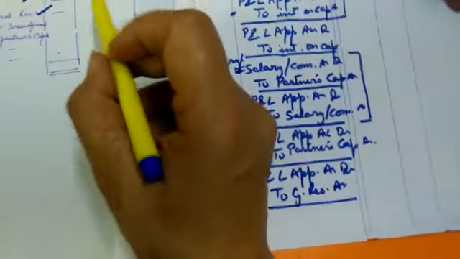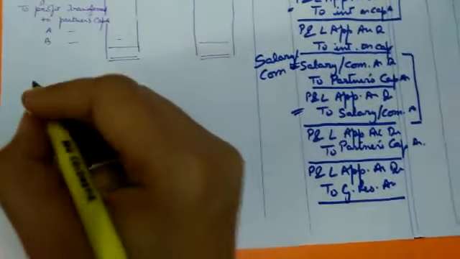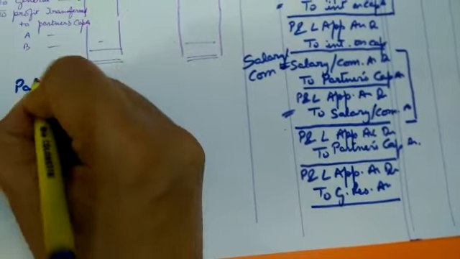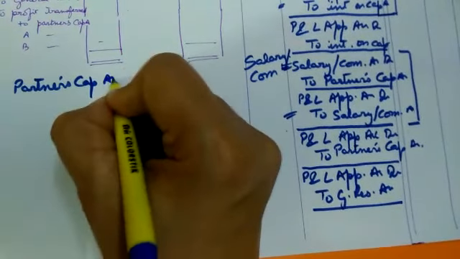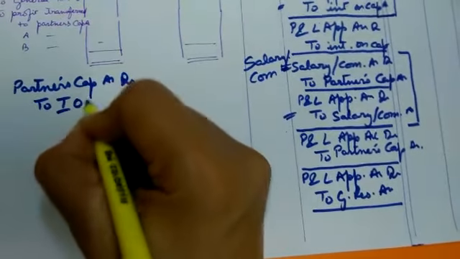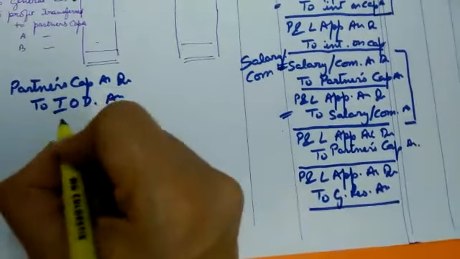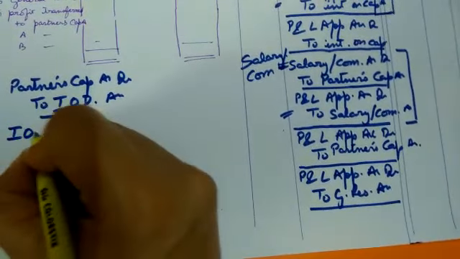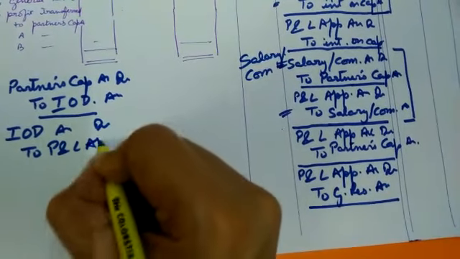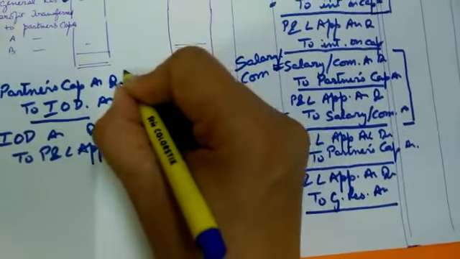Now we are left with interest on drawings. I will write entries here for your reference. Similarly, for interest on drawings, two journal entries have to be passed. First journal entry will be partners capital account debited to interest on drawings account, and then charging interest on drawings from P&L appropriation. That will be interest on drawings account debited to P&L appropriation account.